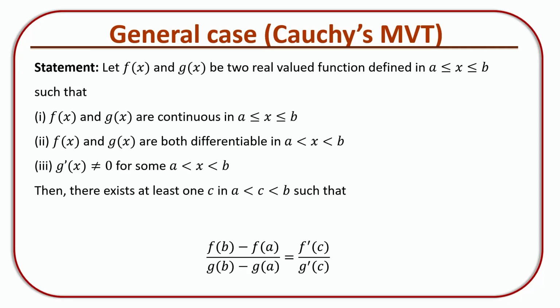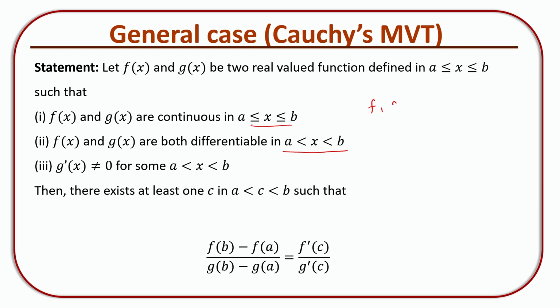So, let f(x) and g(x) be two real valued functions defined on a closed interval [a, b], such that f and g are continuous in the closed interval [a, b], and both functions are differentiable in the open interval (a, b).